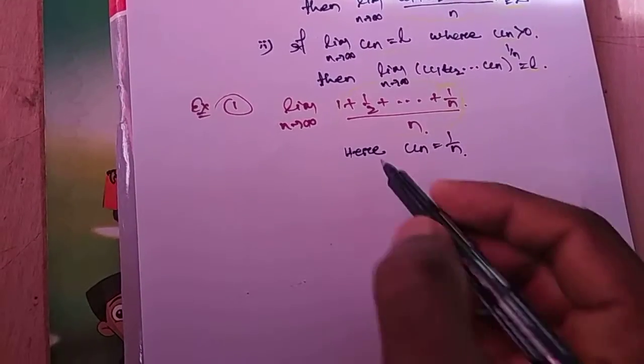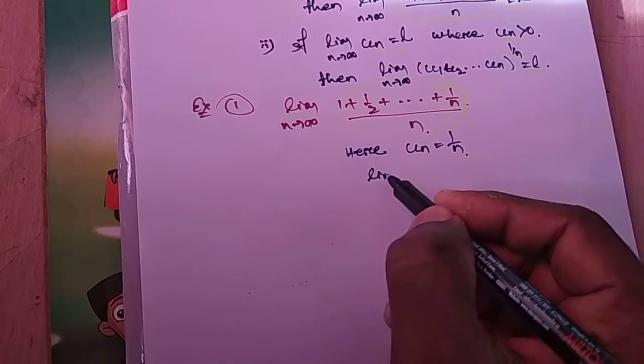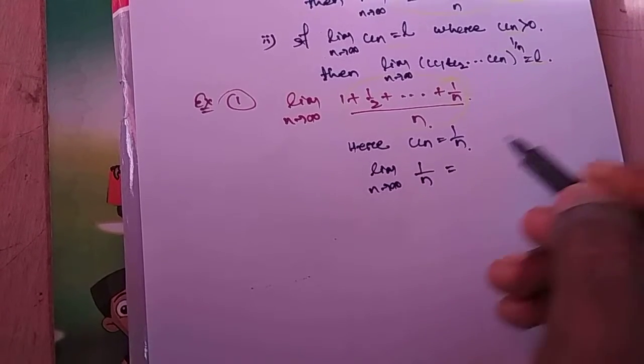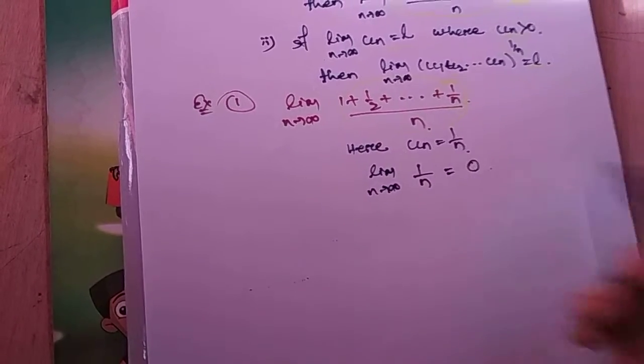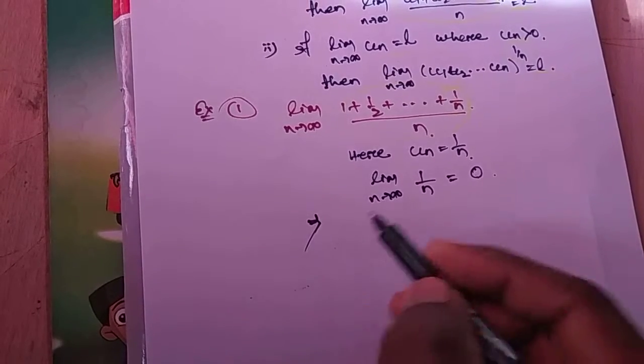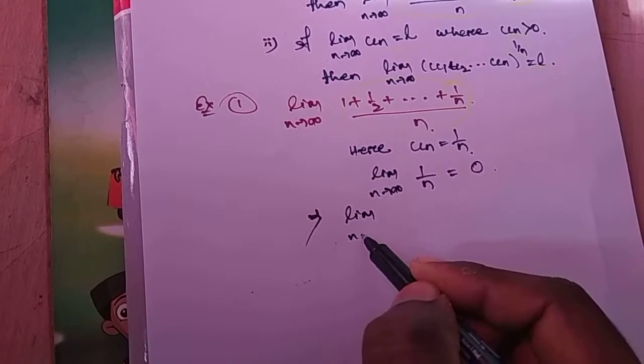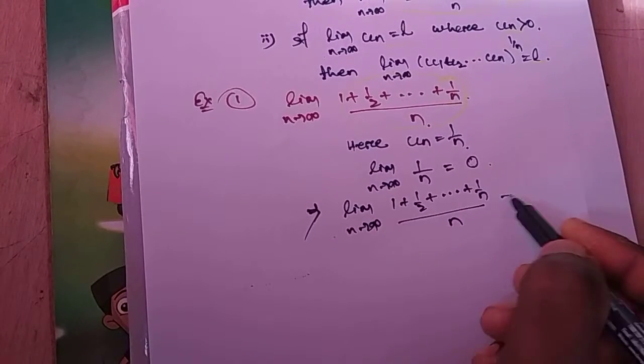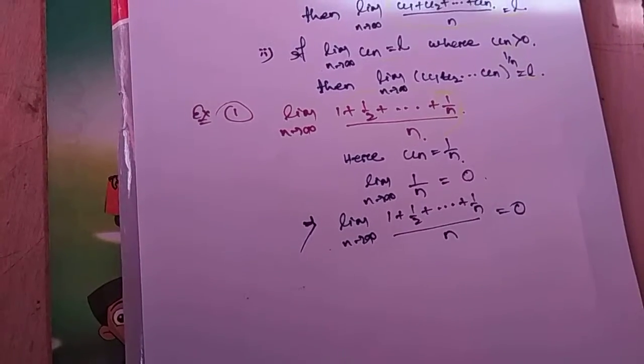Then we should calculate limit n tends to infinity 1 by n, it would be 0. Hence it implies limit n tends to infinity (1 plus 1 by 2 plus and up to 1 by n) divided by n equal to 0. How do we find this?